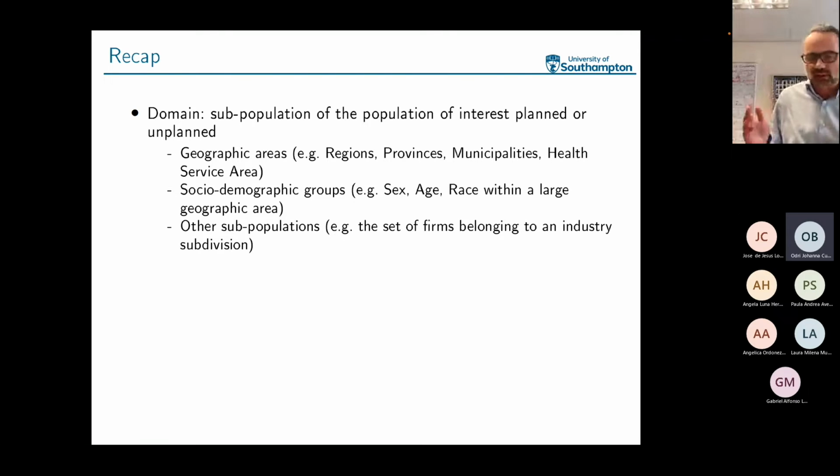It may be an ethnicity characteristic, or a gender characteristic, or an age characteristic, and so on. So you can further disaggregate your domains by other characteristics that might be of interest in an application. Occasionally we'll talk about domain as opposed to just area, small area estimation.